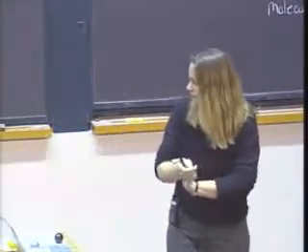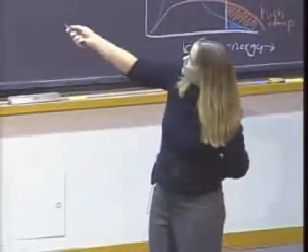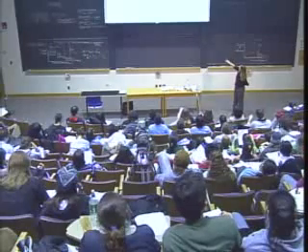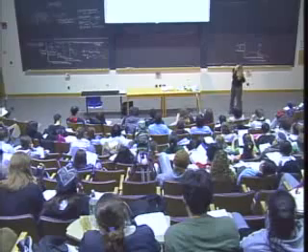So let's consider this particular one here. Again, little k is always going to increase with temperature. The equilibrium constant in this case will decrease because it's an exothermic reaction. So this particular reaction is exothermic.